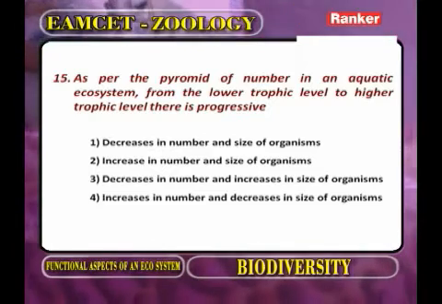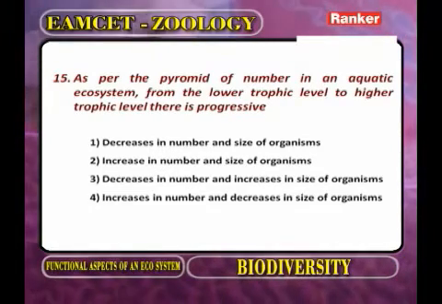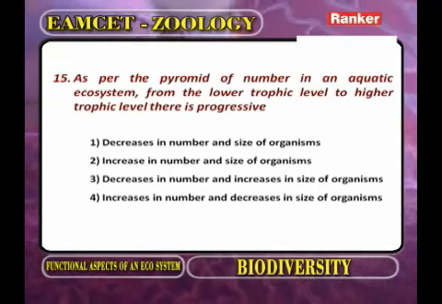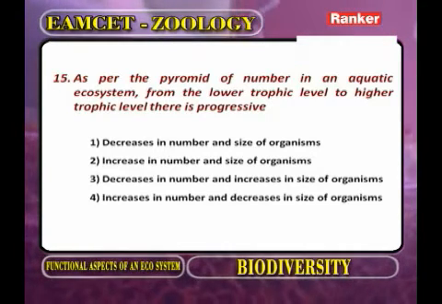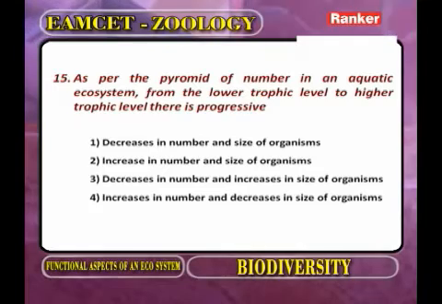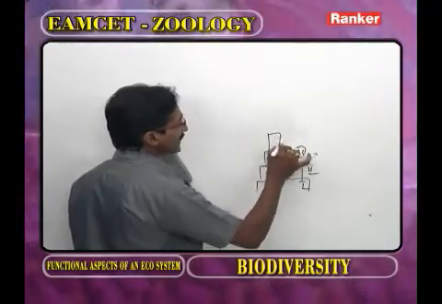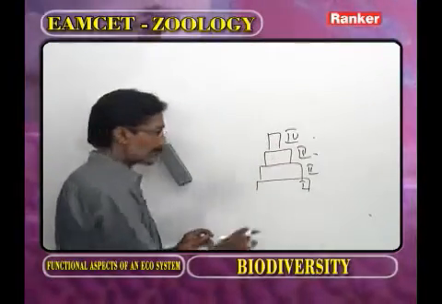As per the pyramid of number in an ecosystem, from lower trophic level to higher trophic level, there is... Now in an ecosystem, as we observe, this is the first trophic level, this is the second trophic level, this is the third trophic level, and this is the fourth trophic level.